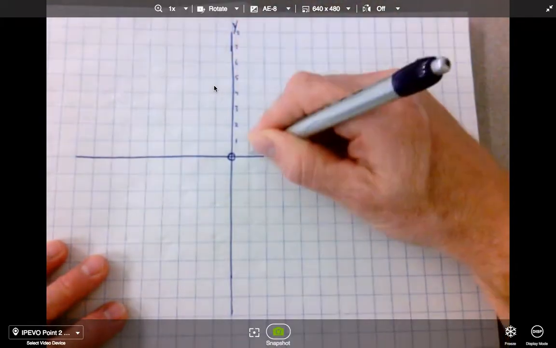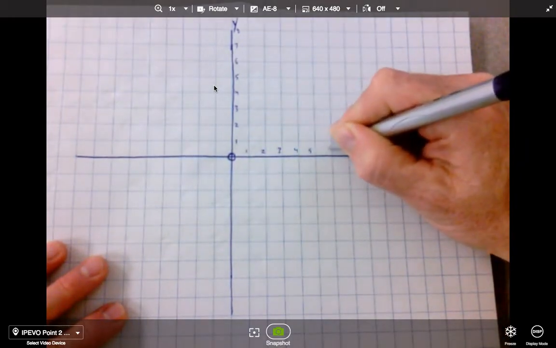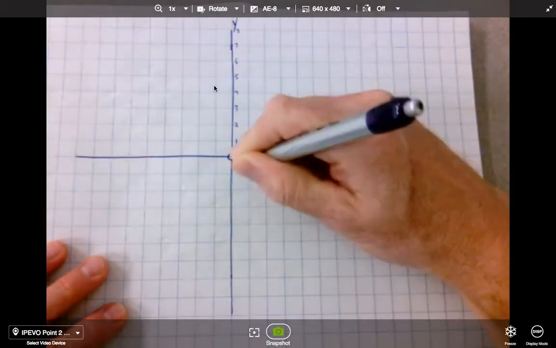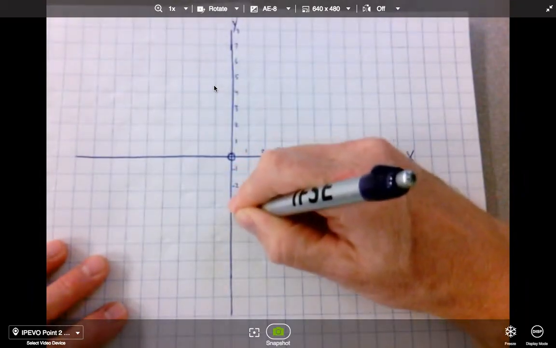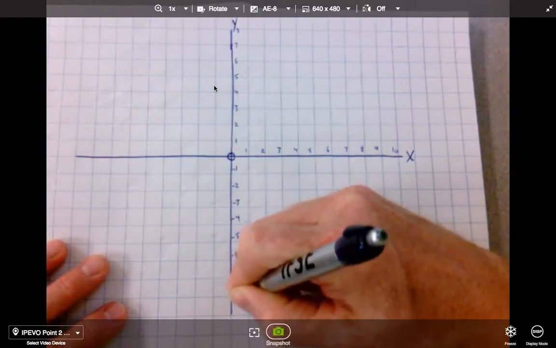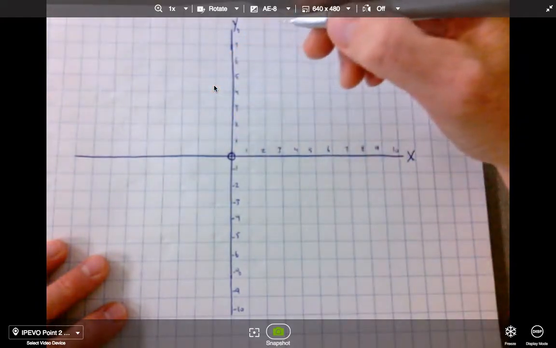I'm doing it up to 8, going up. And then, of course, I go negatives going downwards here because I'm now kind of going in the negative zone underground.